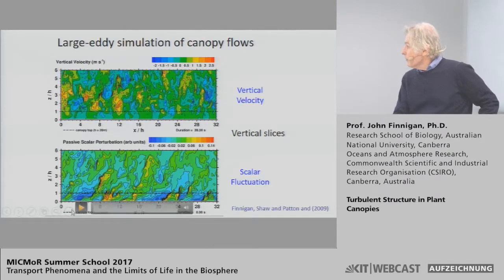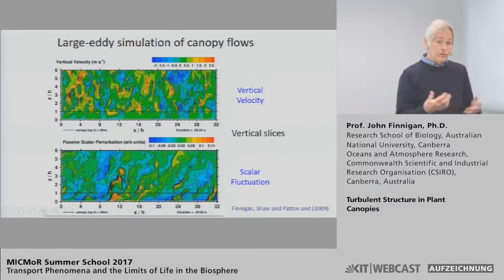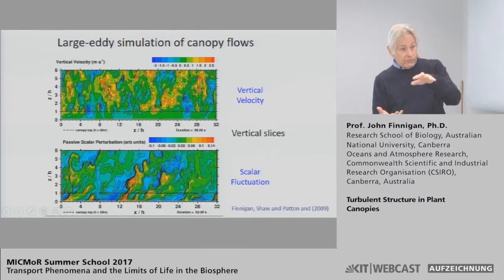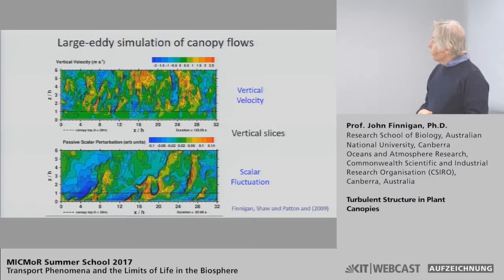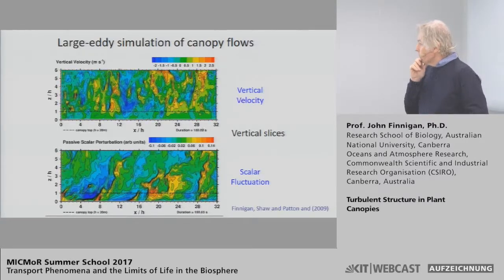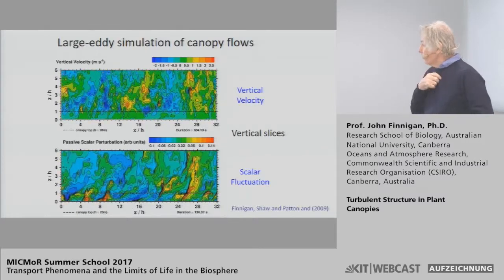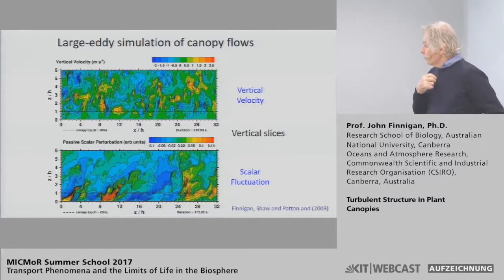So, as I said, getting three-dimensional structures for these things, deducing what the structures are, is difficult from measurements on a single tower, even when you have many levels and long time periods. So we go to different tools like the large eddy simulation. This is Ned Patton's earlier large eddy simulation model with a canopy.